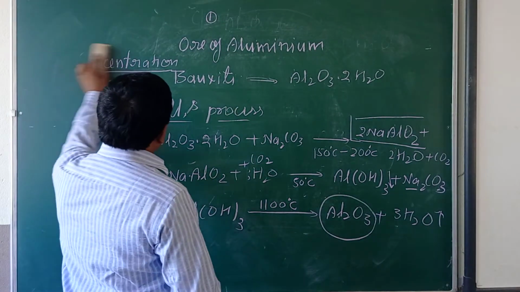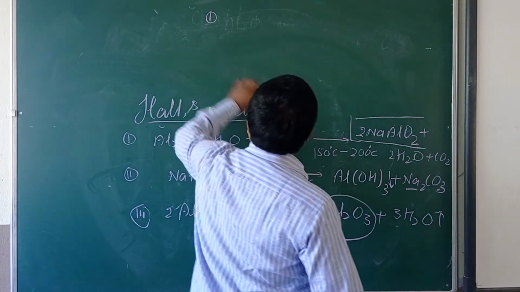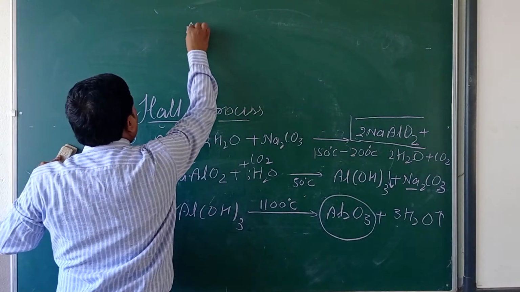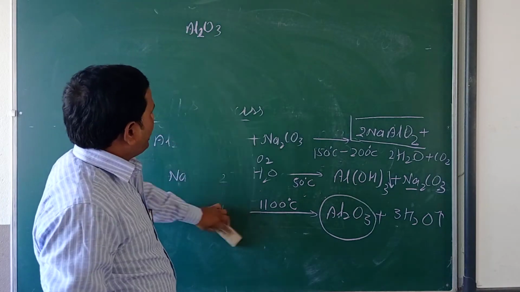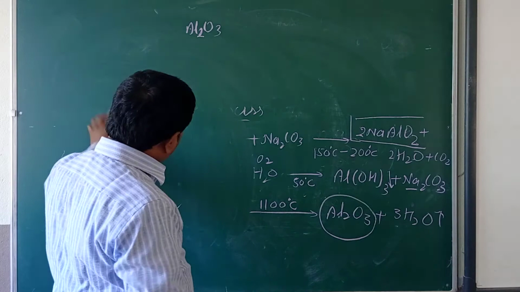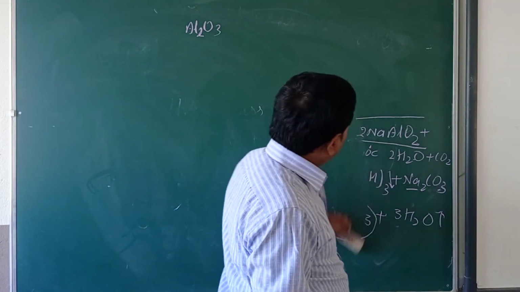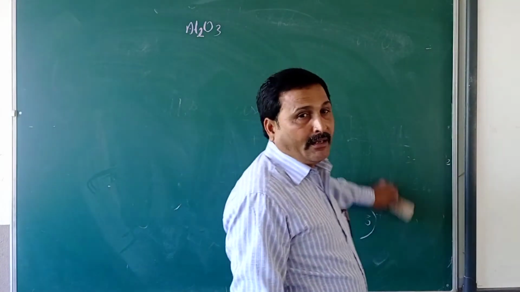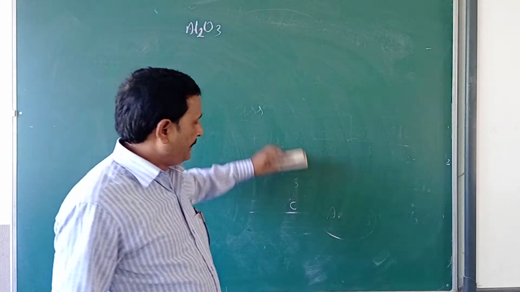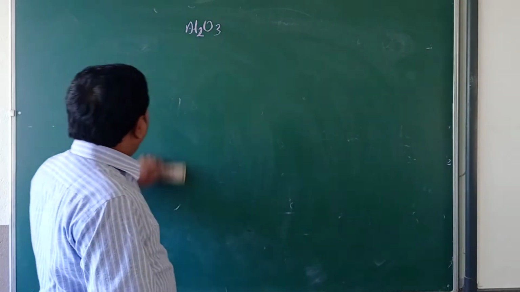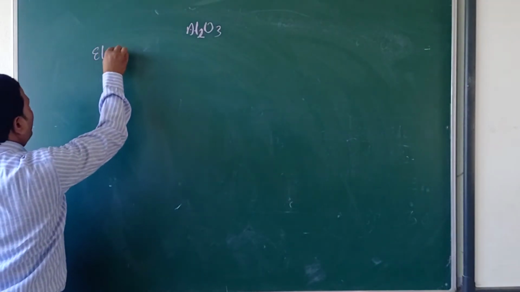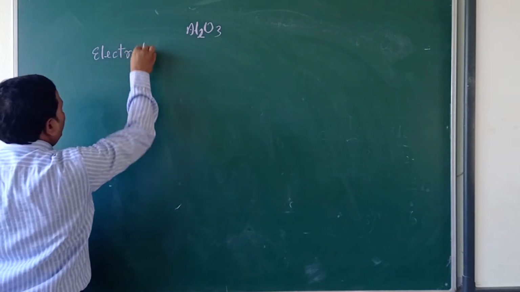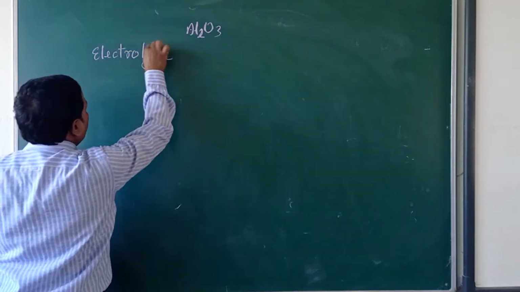After that, when we get alumina, now we need reduction of the oxide. As already told, the reduction of alumina is not possible using any reducing agent, so we need electrolytic reduction.